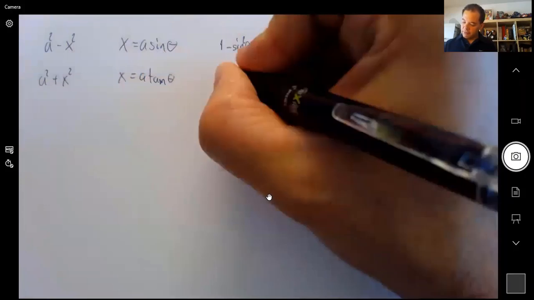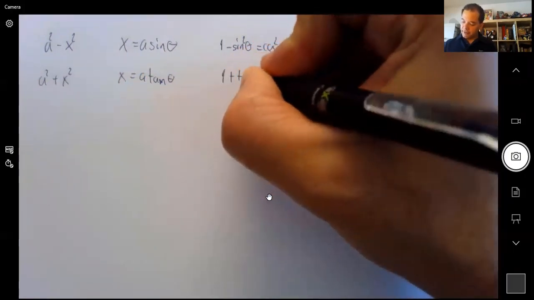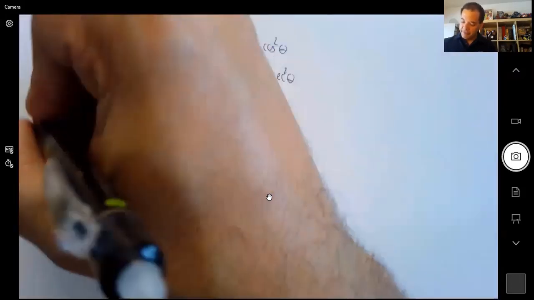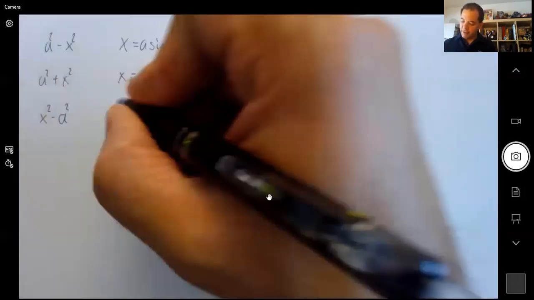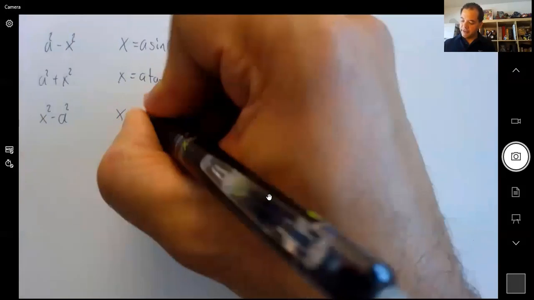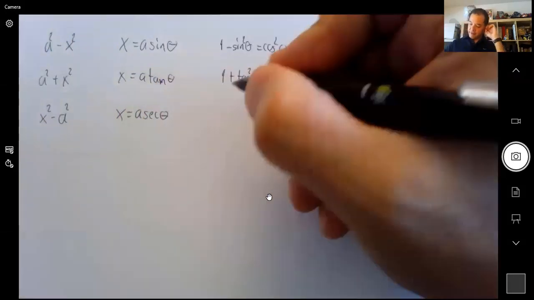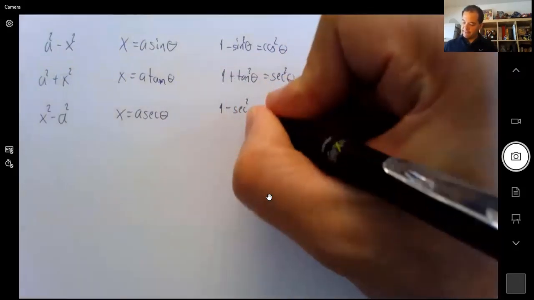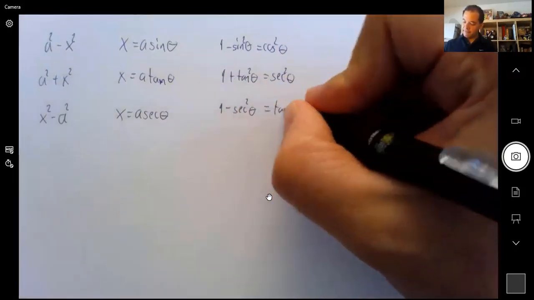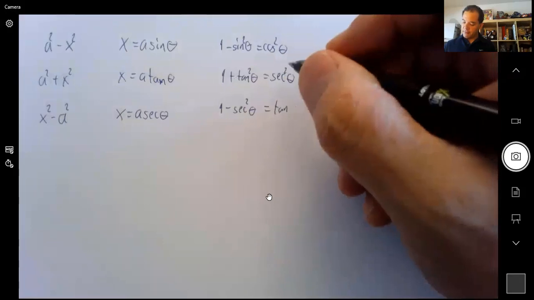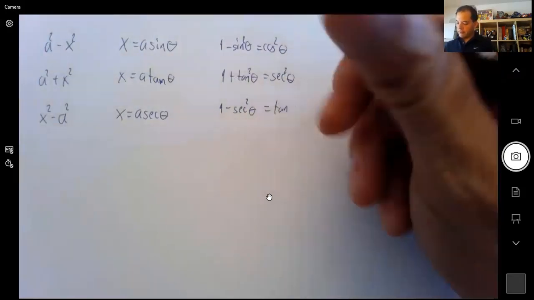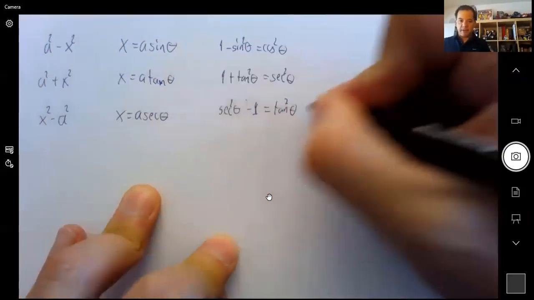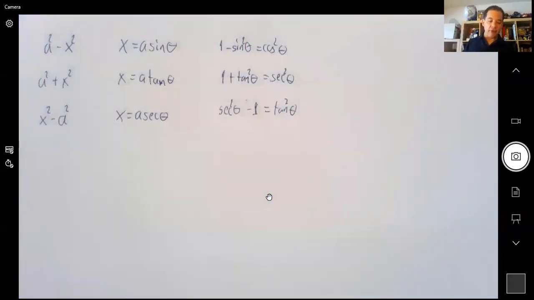And here what you need to remember is that 1 plus tangent square is secant square. And if you have x squared minus a squared, you're going to use a secant theta. And the identity you need to remember is that secant square minus 1 is tangent square. Okay, so that's how you do them.